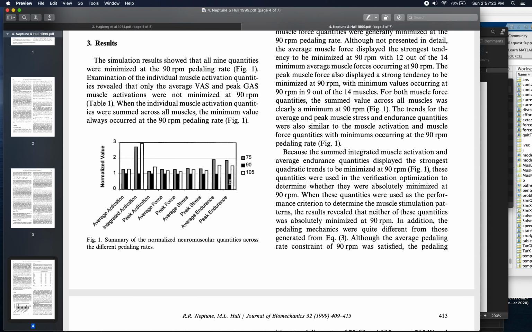Maybe it's these more muscle level, more mechanical type variables, where the preferred pedaling rate minimizes how active my muscles have to be, or minimizes the stress on the muscles, such that I can keep going at that pedaling rate and at that level of intensity and speed and work for the longest amount of time possible.